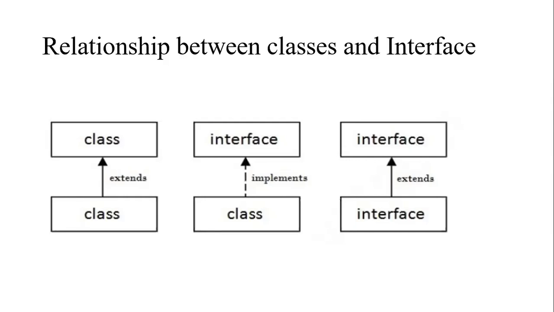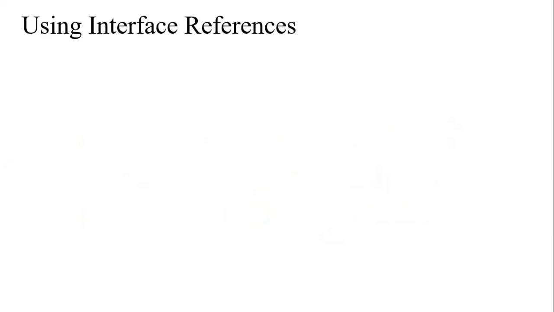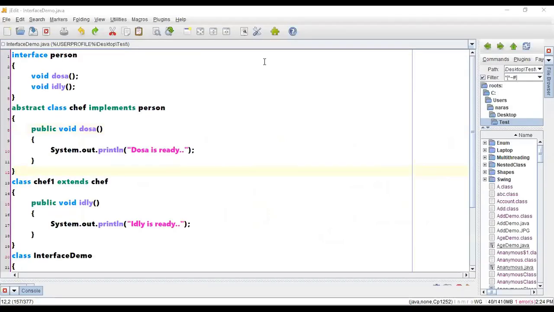The next topic is using interface references, right? So before I proceed with this particular topic, I would like to show you a previous example, whatever we have written in the morning session, then I will go to this particular point. Right. So here is an example which we have discussed in the morning session.